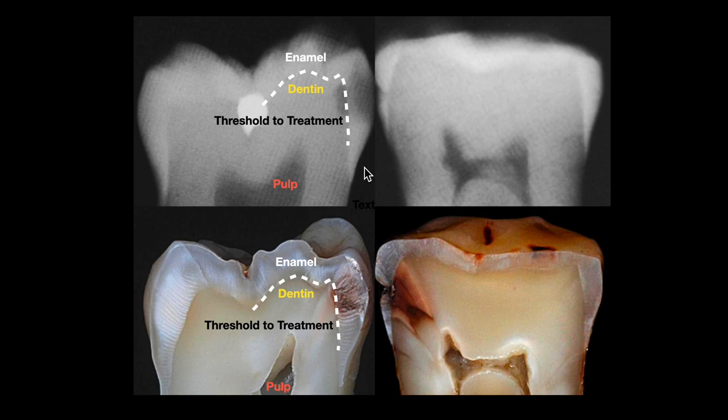The interesting thing is that on a different tooth on the right side here, we can actually see there's a cavity on the top x-ray as well. We can see a small pyramid here, which is a lot smaller than the one on the left.